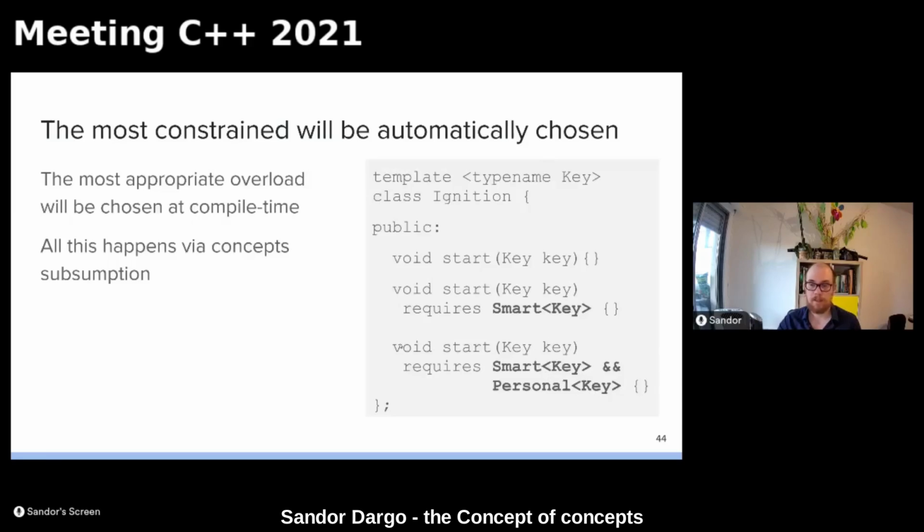And via subsumption rules, the compiler will choose the good one. Here we don't have the time to go into the details of the subsumption rules. If you want to read a good article on it, I would recommend you go to Andreas Fertig's blog and check his article on subsumption rules.